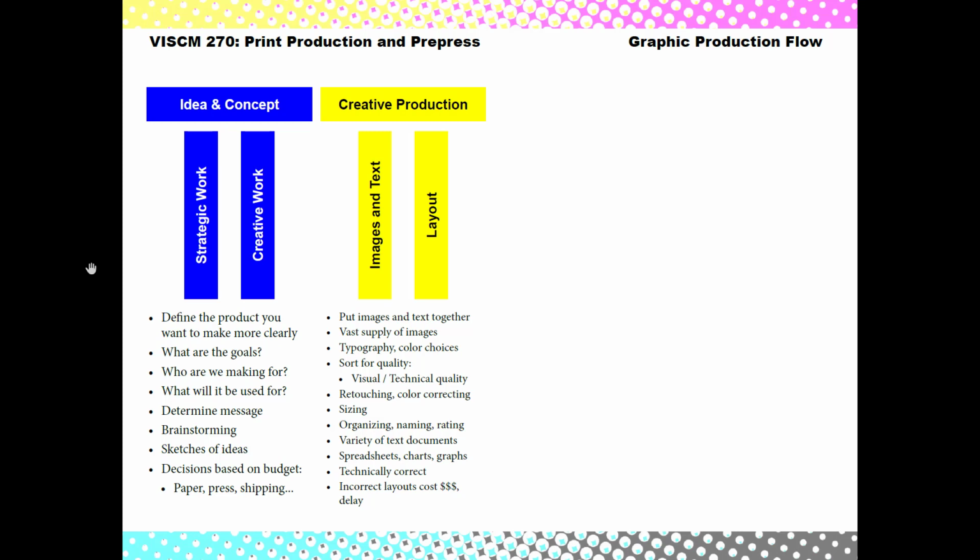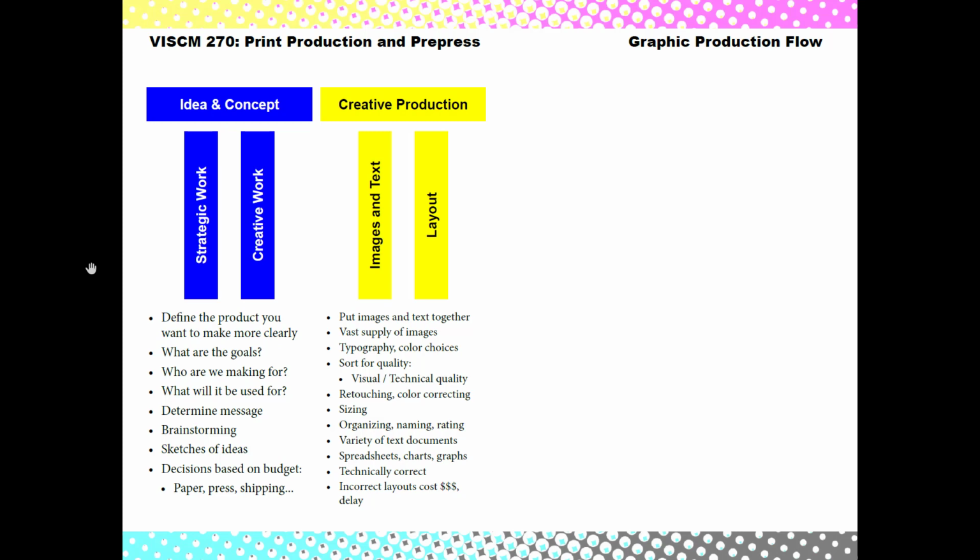When you get photos, you may have to do color correcting and retouching them and editing and resizing them for physical size and resolution, making sure that they're high resolution photos. If it's a really big project, you may have a vast supply of images and have to organize them and come up with naming schemes and folders to keep yourself organized and also rate them.